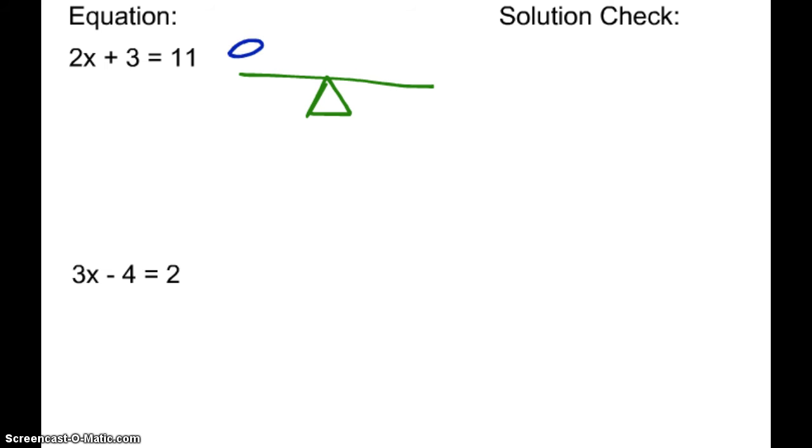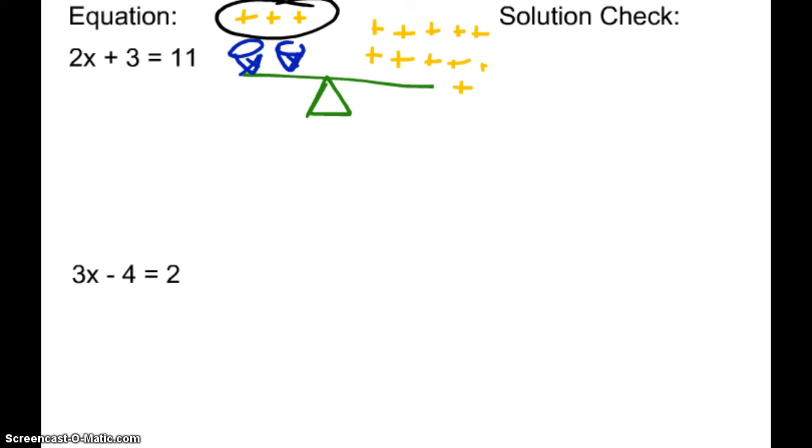On one side of your equation, you have two cups that have an unknown amount. And then you have 3 positives, and then on the right you have 11 positives. So think about how we would have modeled the solution.